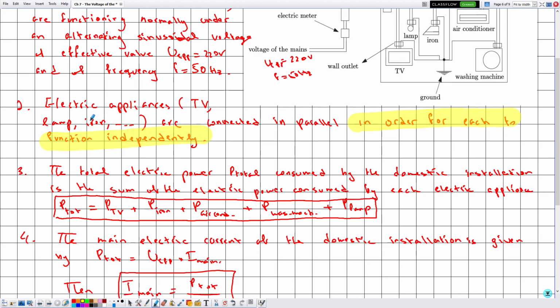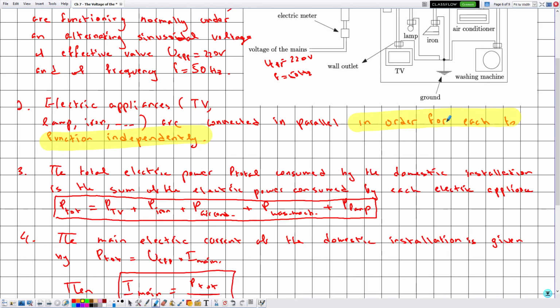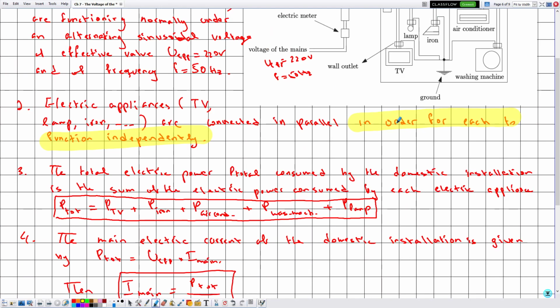I repeat, whenever they ask us why they are connected in parallel, the answer should be in order for each to function independently. We don't say in order to have the same voltage. It is wrong. They are connected in parallel in order for each to function independently.